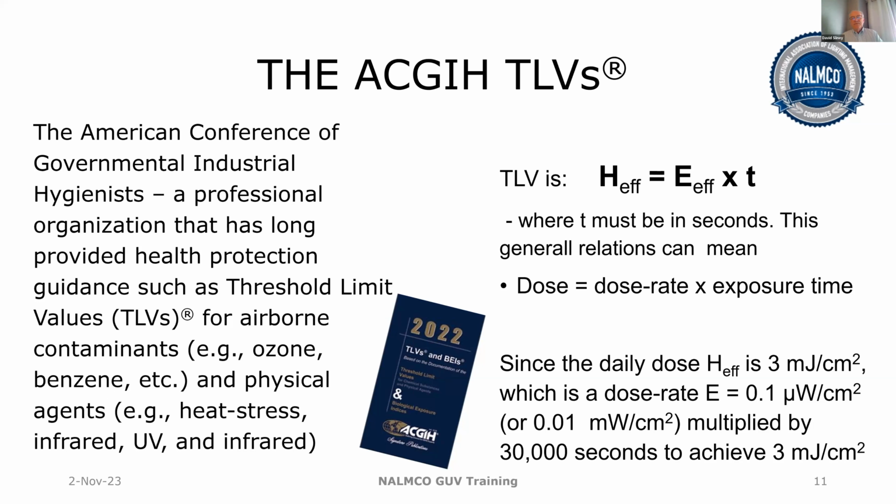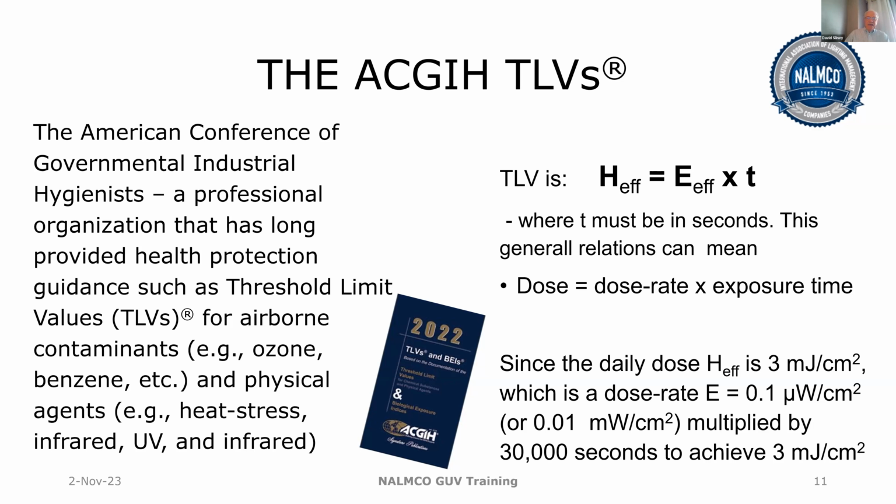Now, notice that I've used this term effective, and we see the little subscript there next to H for radiant exposure and E for irradiance. That simply means that it varies with wavelength depending upon how risky that wavelength is to the eye and skin. And the daily exposure limit is 3 millijoules per square centimeter effective.